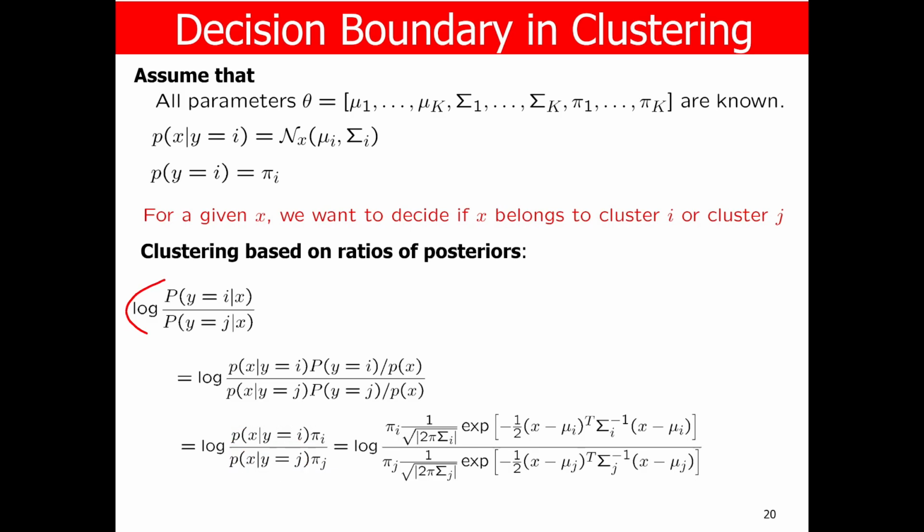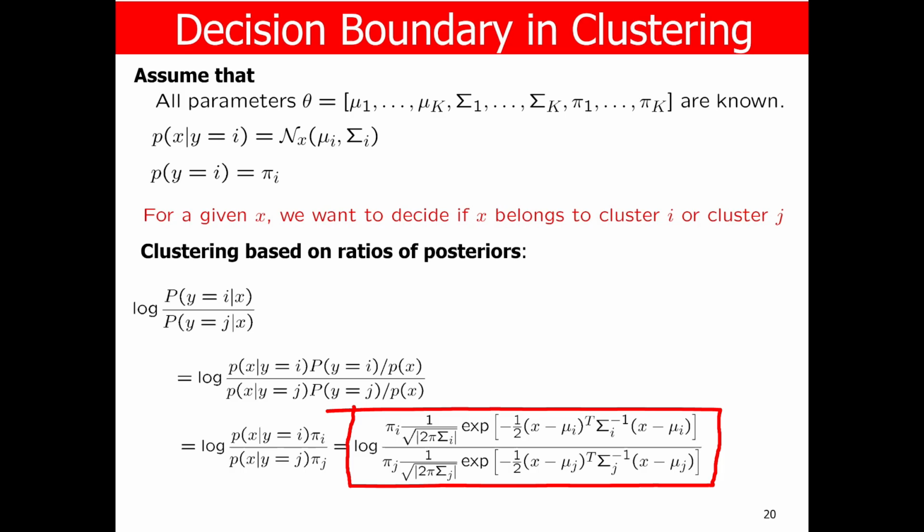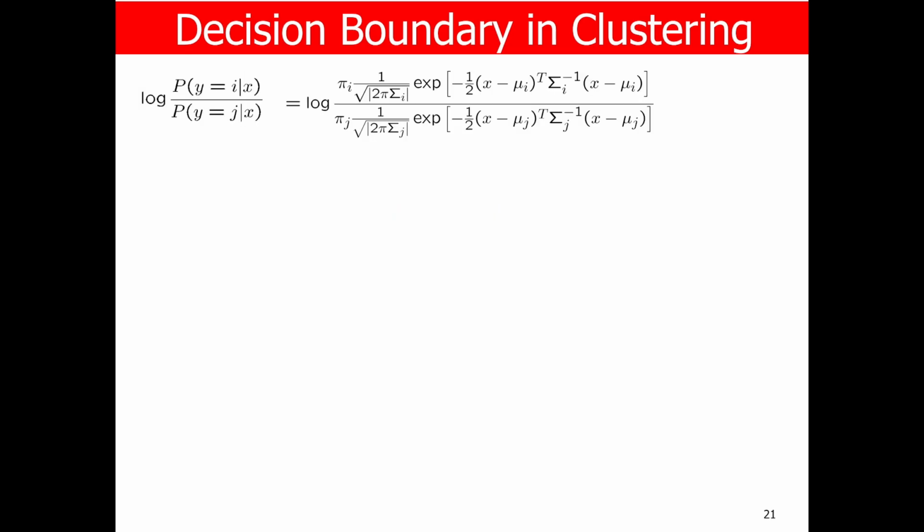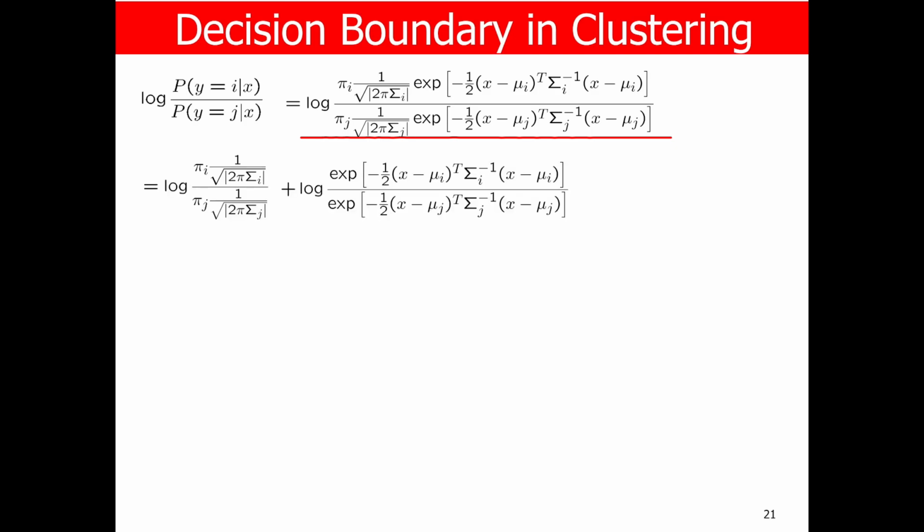Therefore, the log of these probability ratios is just this expression. Since inside of this log function there is a product, we can greatly simplify this expression. Log of a times b is just log a plus log b. Therefore, this expression is just the sum of these two terms.